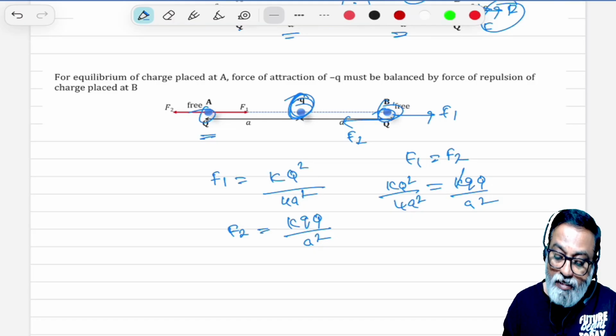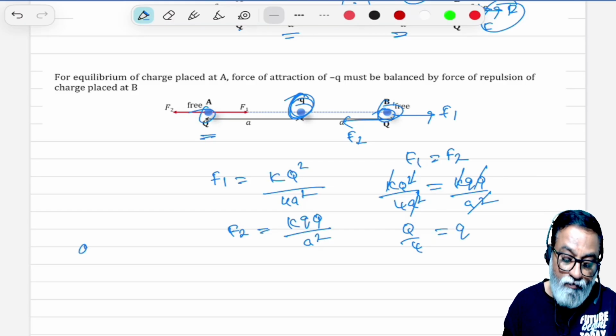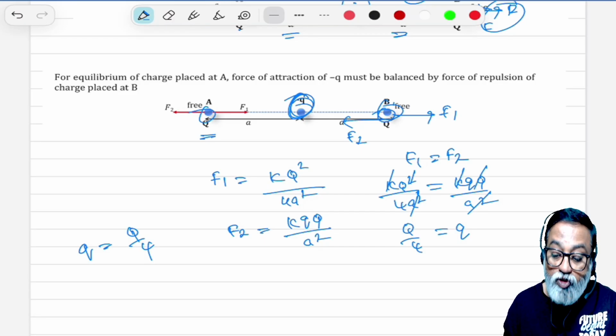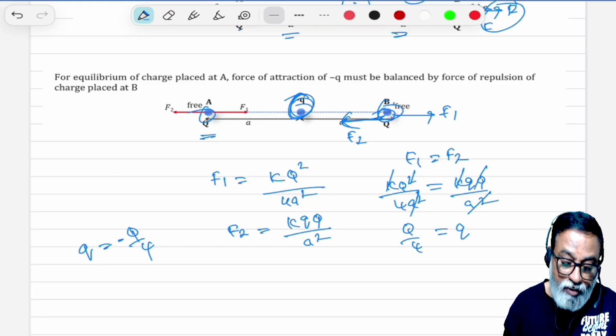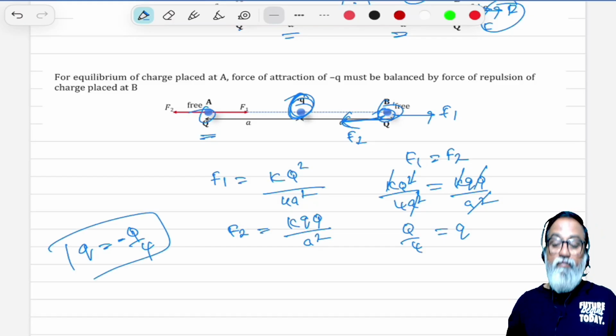Here K gets cancelled, a square gets cancelled, Q by 4 is equal to q. Therefore the third charge should be Q by 4, but it must be a negative charge, then only the resultant force on the corner charge is 0. Therefore it is minus Q by 4.